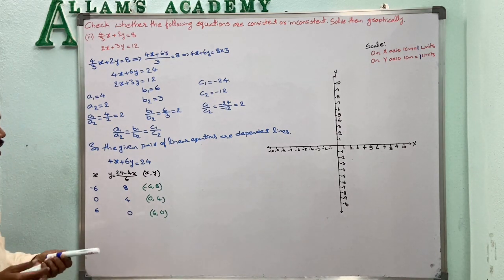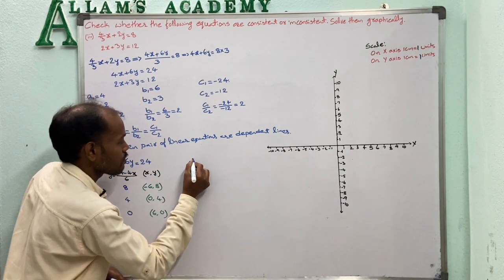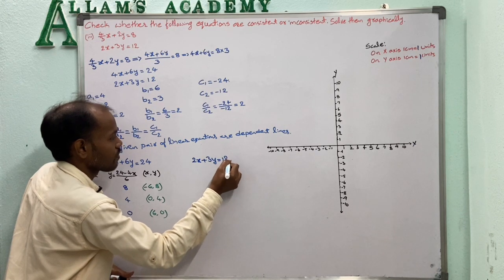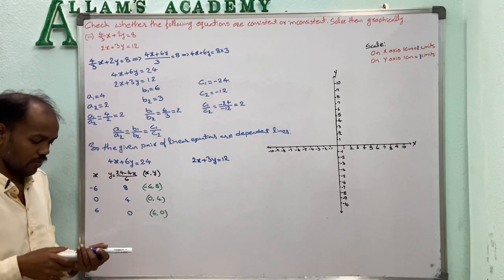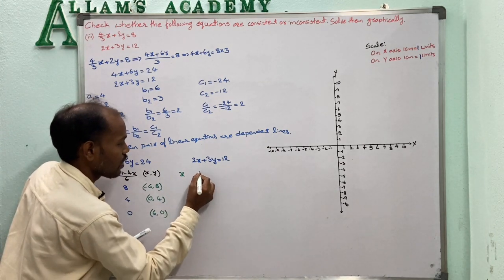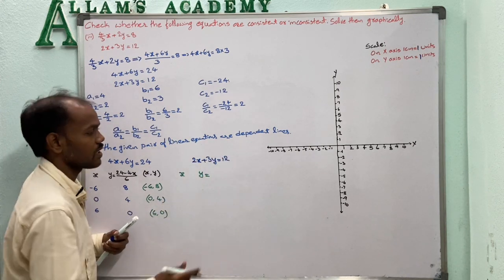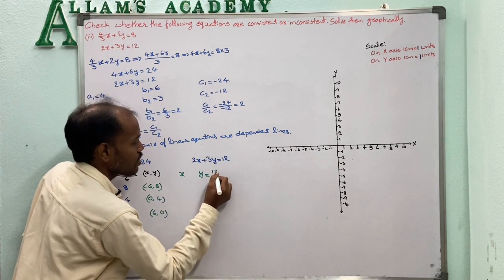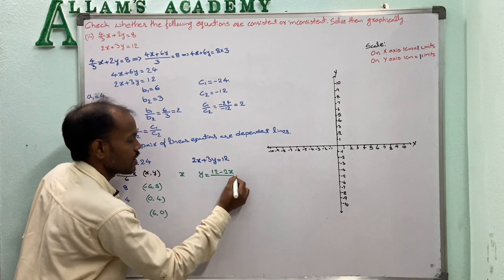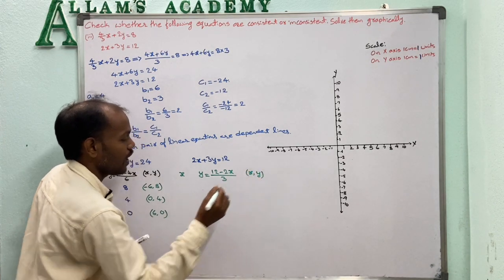For the second linear equation, 2x + 3y = 12, we observe that for different x coordinates we get different y coordinates. Here y equals, transferring 2x to the other side, minus 2x, so 12 minus 2x, and the multiplication by 3 transfers as division, giving the point (x, y).